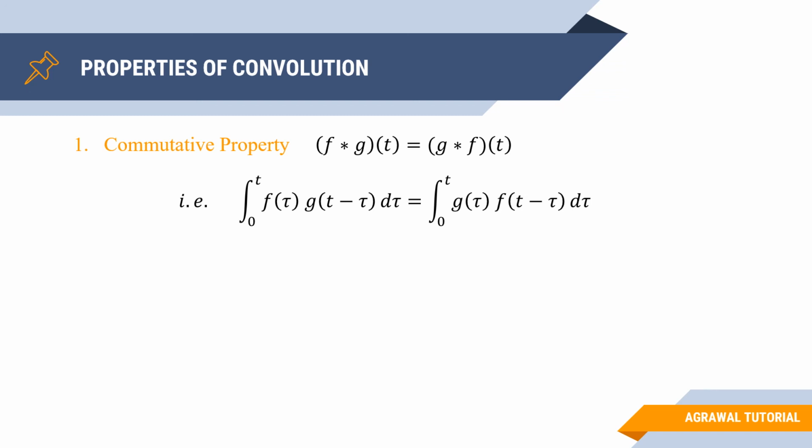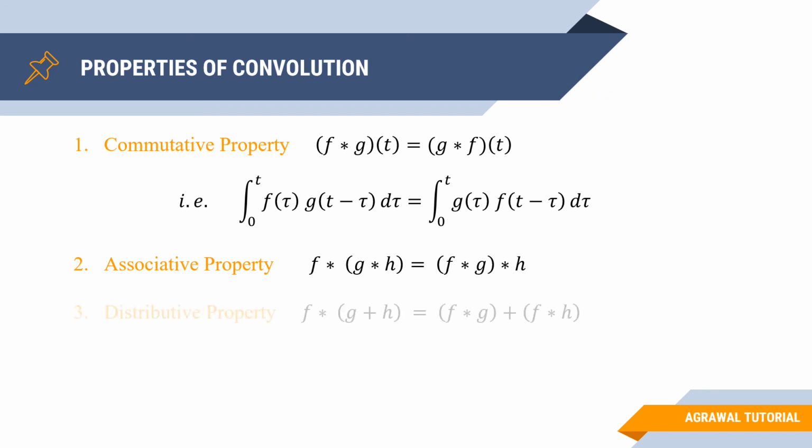Okay? So, next is associative property, according to which convolution of f with convolution of g and h is equal to convolution of f and g with h.